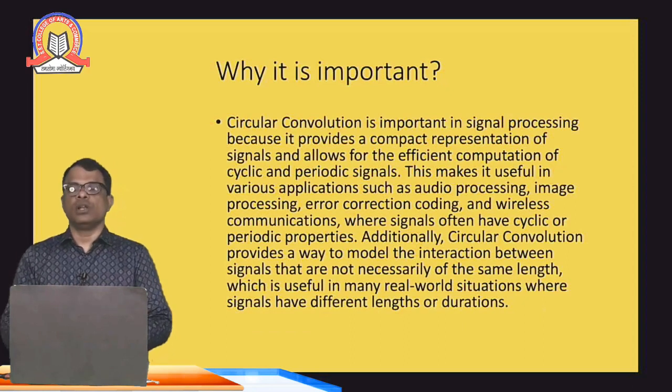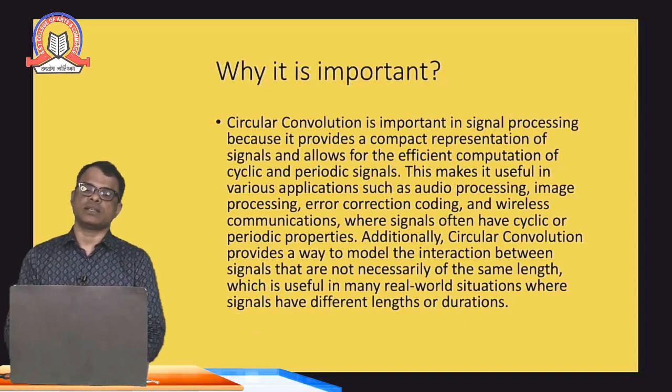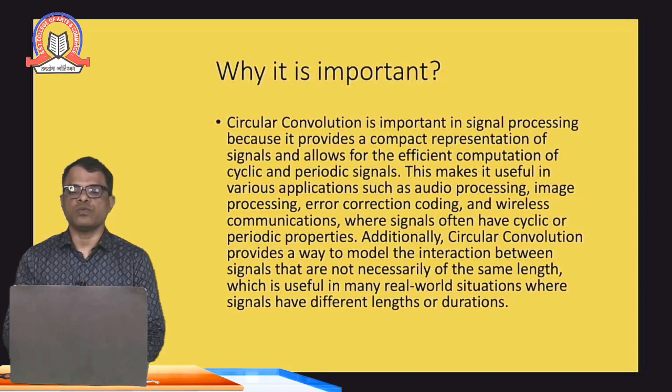Now, why is circular convolution important? Circular convolution is important in signal processing because it provides a compact representation of signal and allows for the efficient computation of cyclic and periodic signals. So, it is an effective method as well as a compact method.